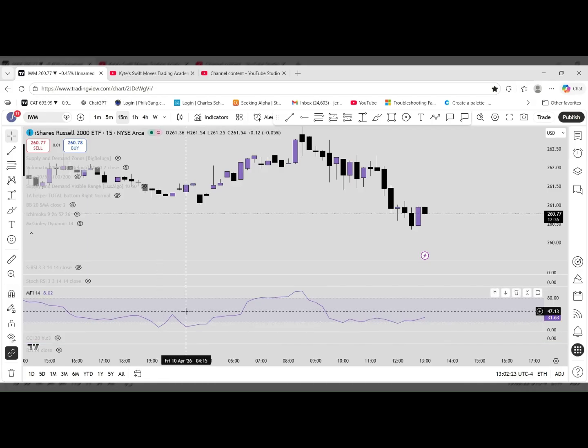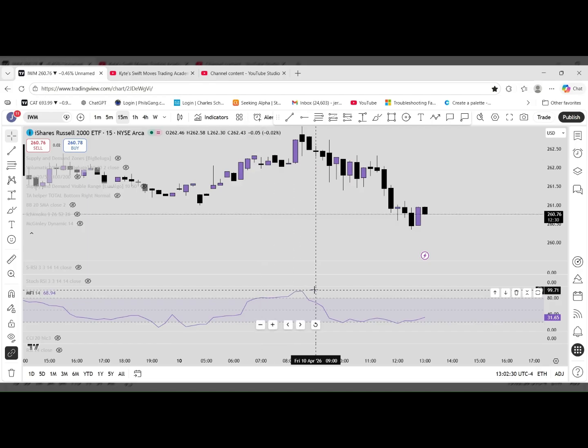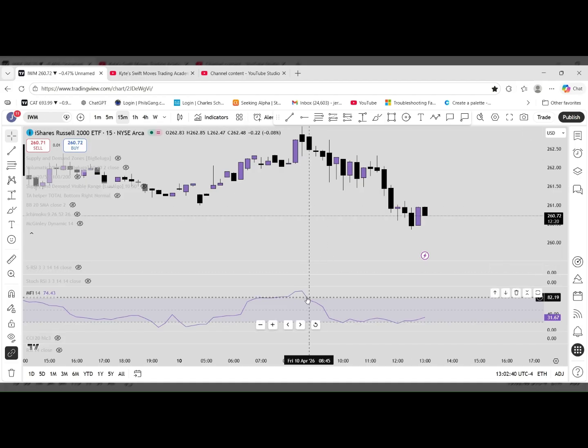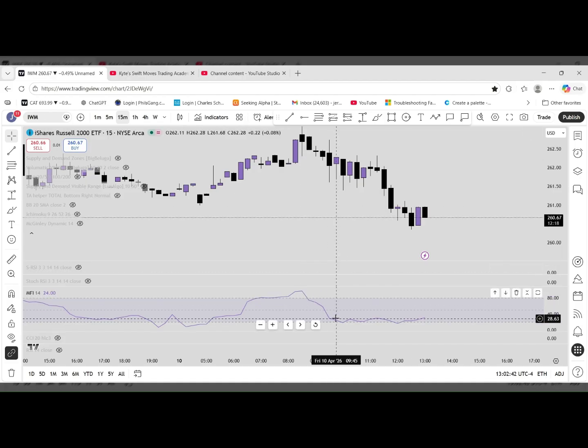Okay, again, another tool. This is a money flow indicator, so it's supposed to give you an idea of if money's flowing in or out of this particular security. So like here where this thing was ramping up, you can see the money was flowing into it. Then all of a sudden it turned around, now money's flowing out of it, and look what it's doing. It's going down.